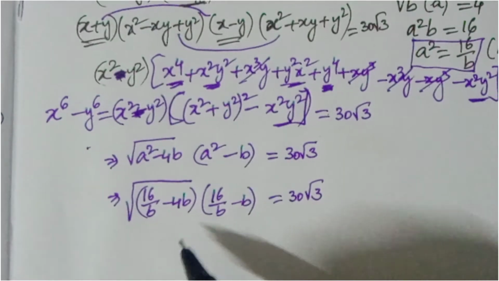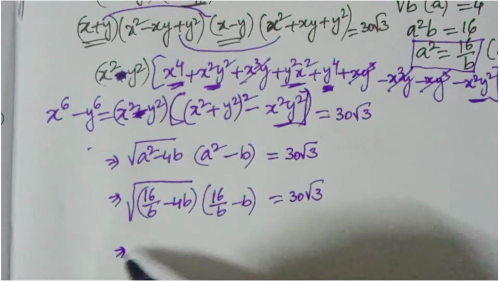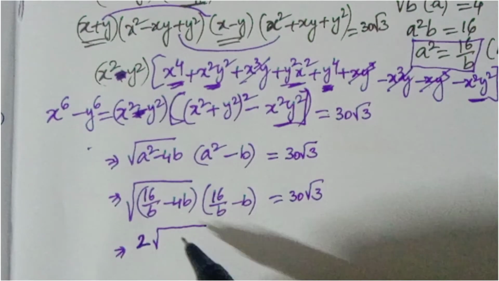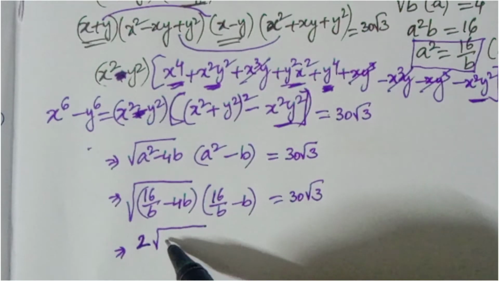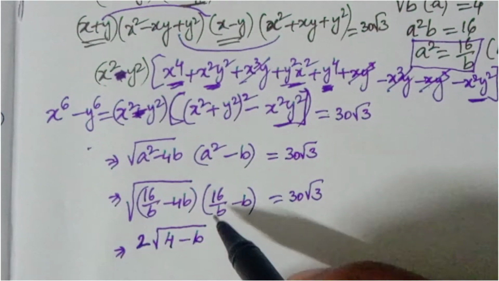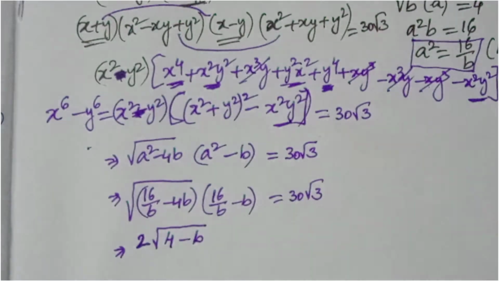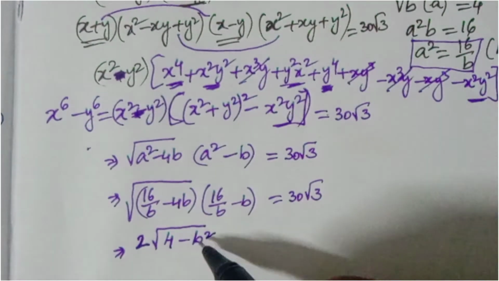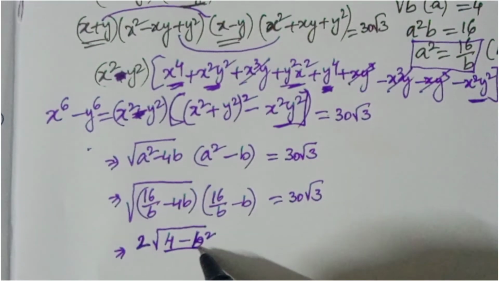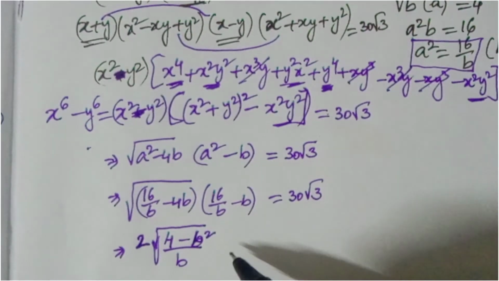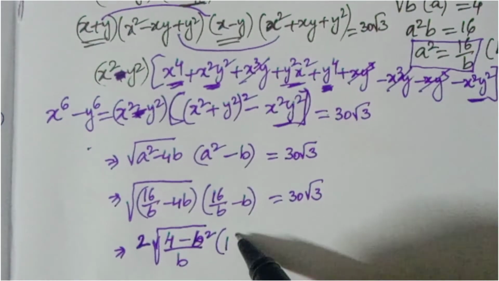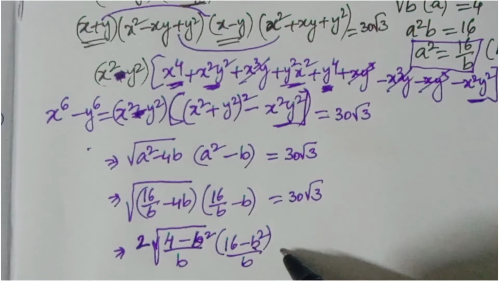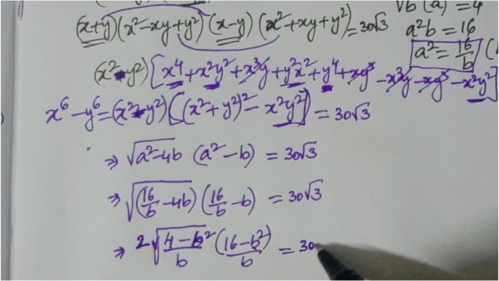Here you can take 4 common, so you get 2 root of (4 minus b). If you take the LCM, b square, you get (16 minus b square) by b is equal to 30 root 3.